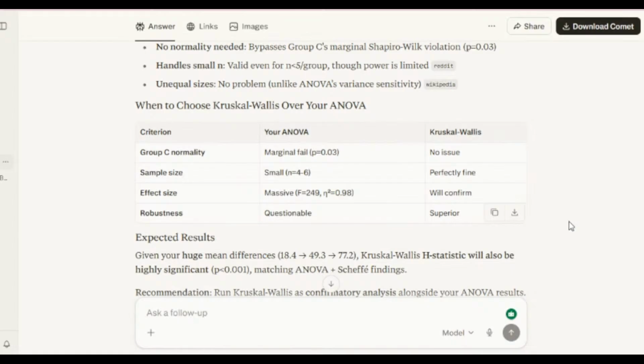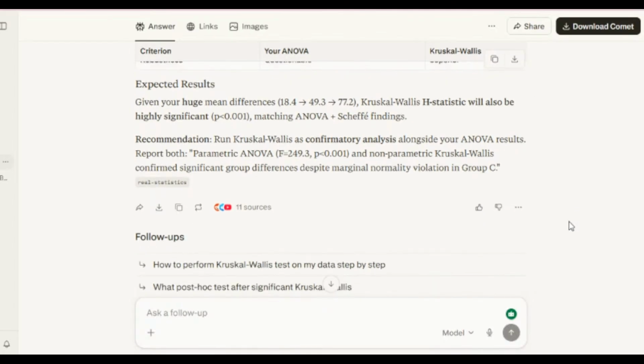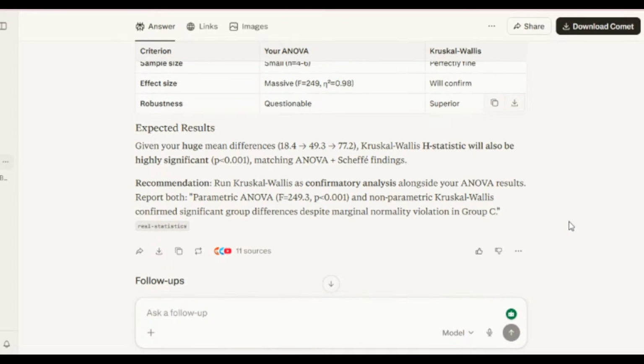Now continue further. Matching ANOVA plus Scheffé's findings. Now remember we did this one, but we need critical values, test values, please.